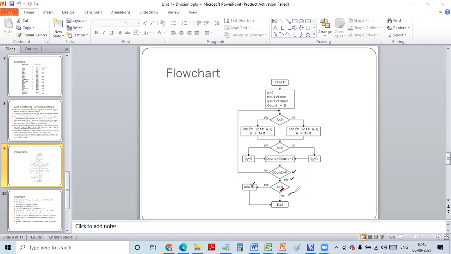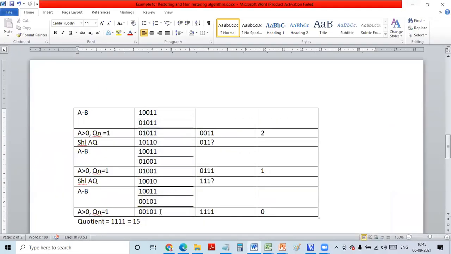If the result is negative, then you have to add the divisor to get your correct remainder. This is the last step for modifying your remainder if it is negative. So with this, we got our remainder as 5 and quotient as 15.